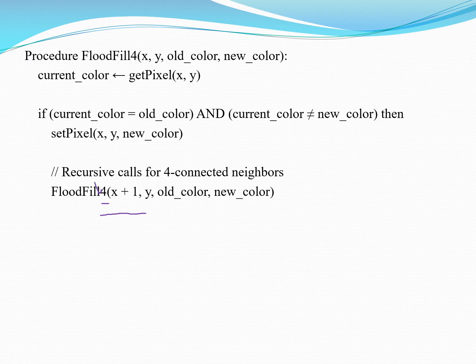So x plus 1, y is for the selected pixel's right side. x minus 1, y is the left one. x, y plus 1 is the top one, and the bottom is x, y minus 1.